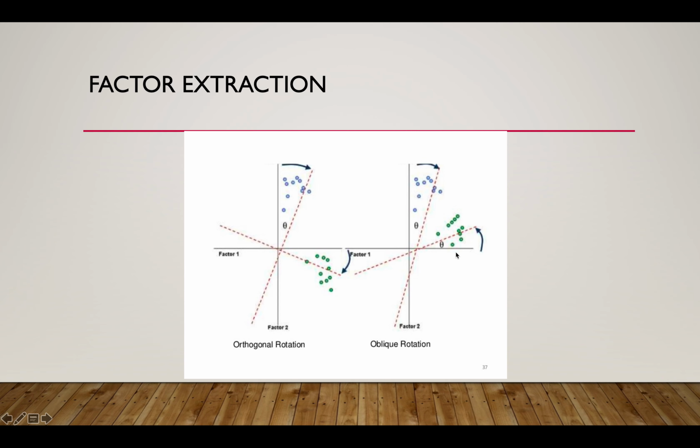Oblique rotation often does give you a better fitting model, but unfortunately it also means that it's more subject to scrutiny, because imagine that there was a big pool of data right here as well, and you plotted another factor through here. Well, it could be that you have 3 factors. It could be that you only have 2 factors, and some of these should be here and some should be here. It could be that you have multiple factors, or it could be that there are no real factors, and all of this is just being driven by chance.